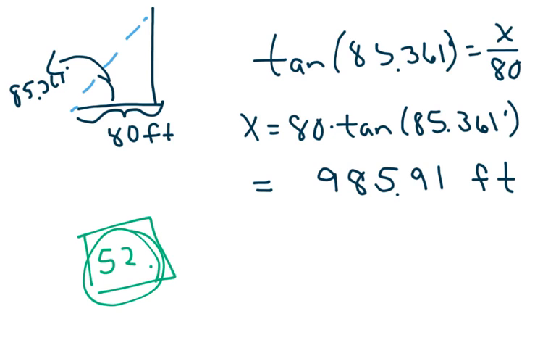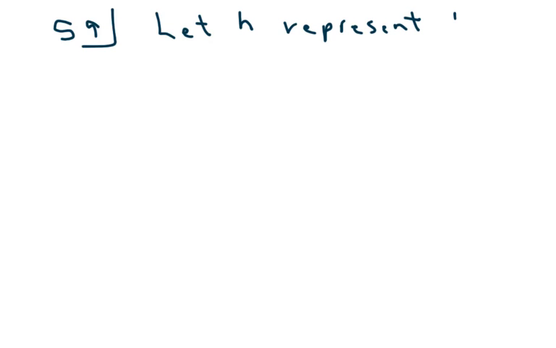Alright, the next one is 59, about Mount Rushmore. So you need to read that. And I will try to draw a picture. Always draw a picture. So the picture I'm going to draw, and I'm going to let H represent the height of Lincoln's face.